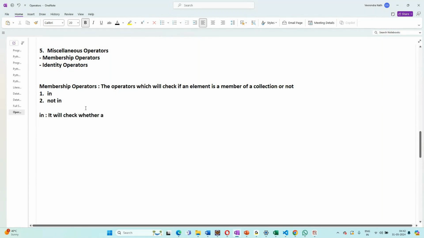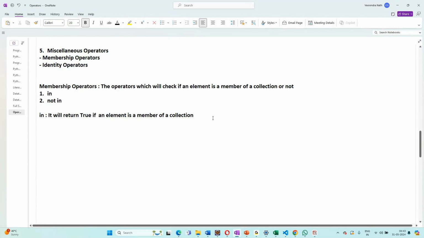whether, or otherwise I'll say it will return true if an element is a member of a collection.